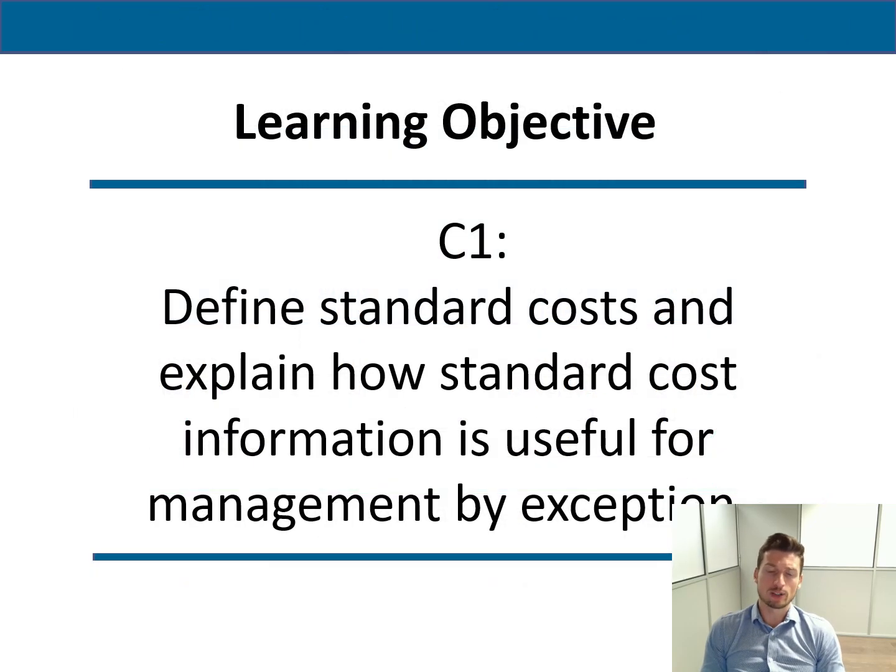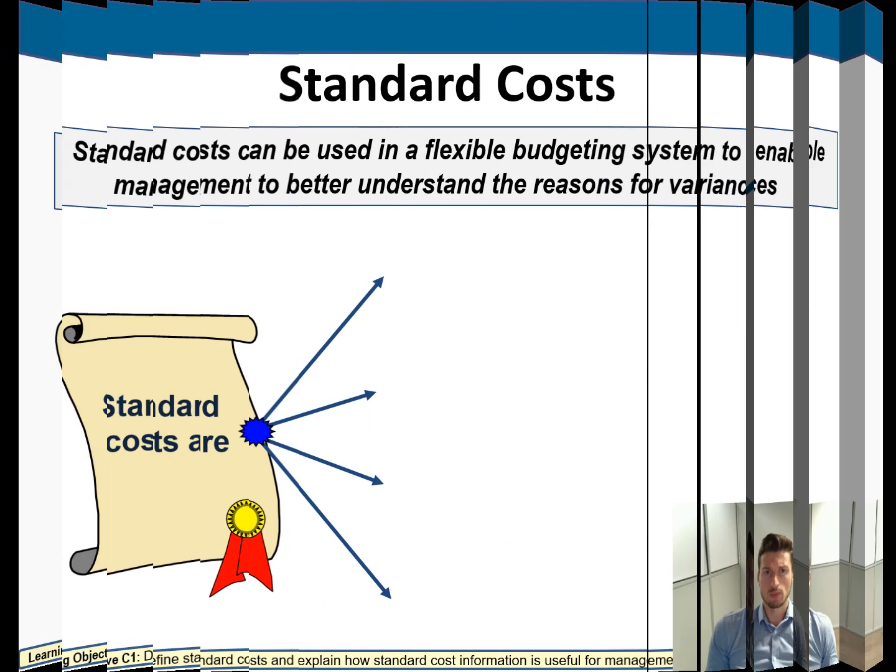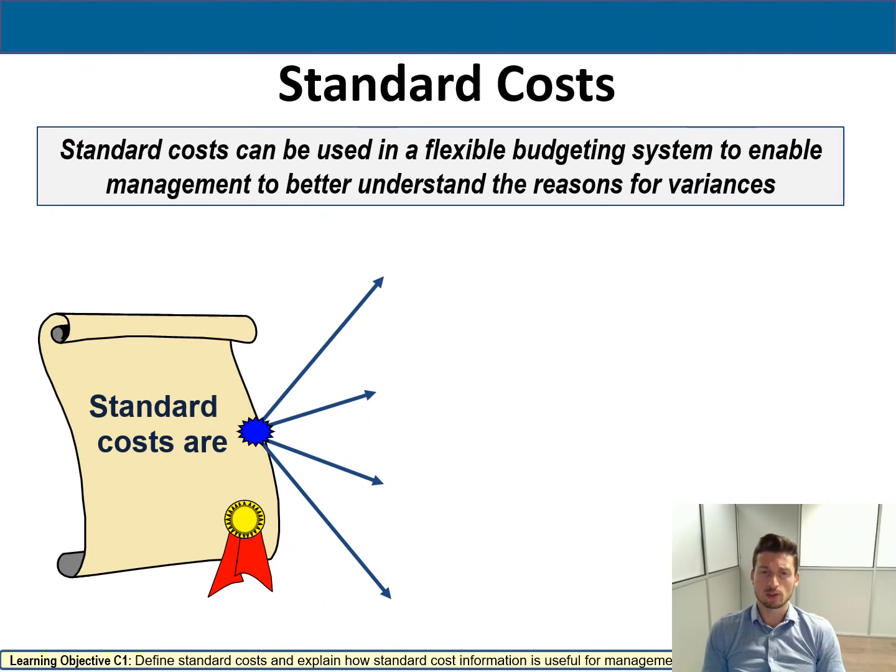Now we're gonna move to the second part of this chapter, and we're gonna talk about standard costs, and see what standard costs are. So standard costs we are using in order to create the flexible budgets. So we are assuming at the beginning of the year that I'm gonna have certain costs, but they are standard.